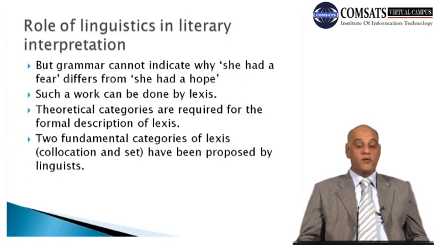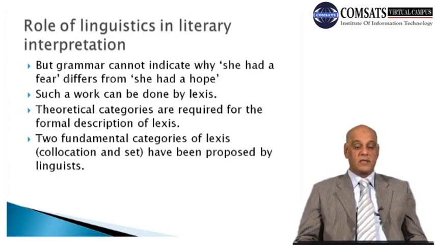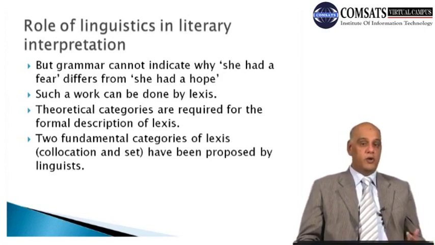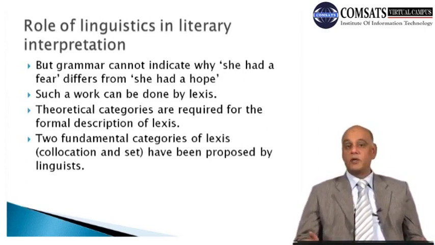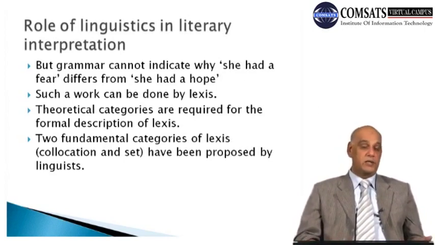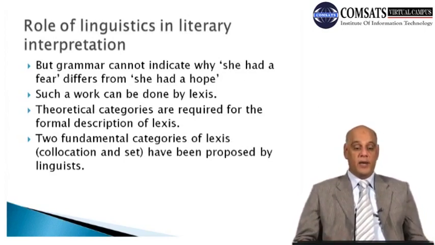Theoretical categories are required for the formal description of lexis, and when you are defining lexis, again you need theoretical categories. Some theories come into the picture, about how you define words and how some words can be replaced by other words and some words can't be replaced.